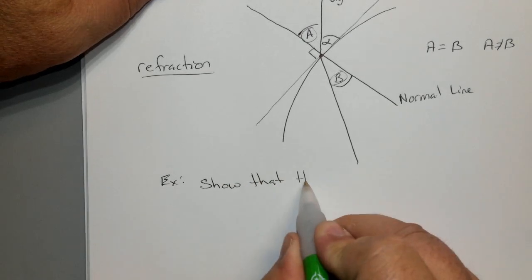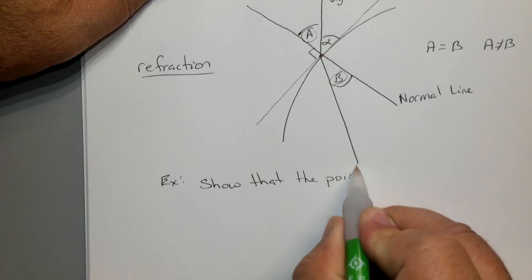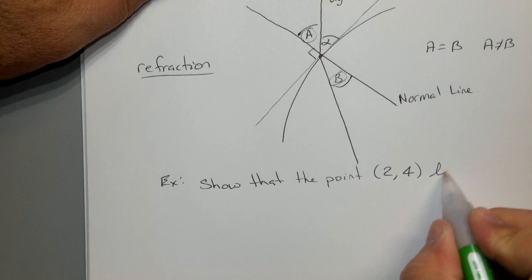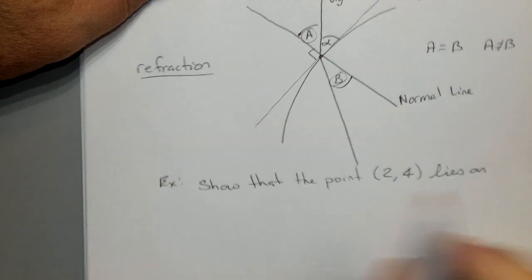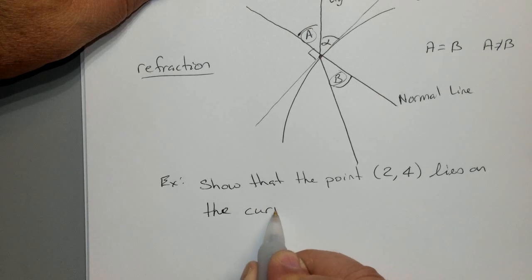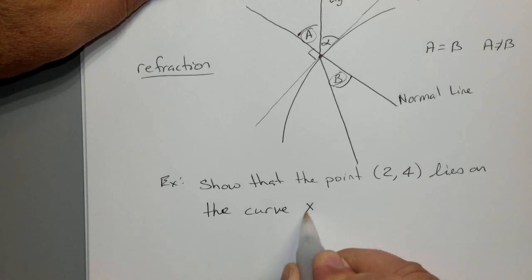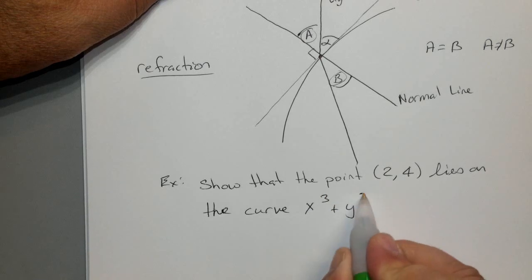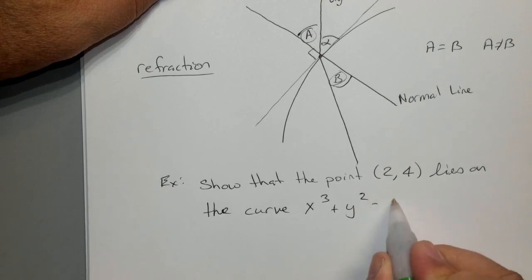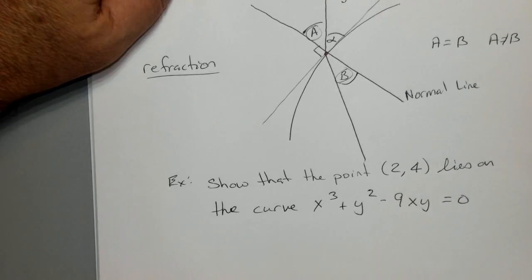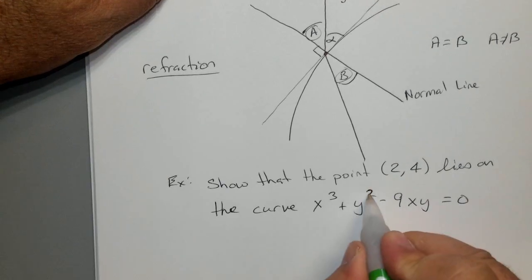Let me look for an example here. Show that the point (2,4) is on the curve x cubed plus y cubed minus 9xy equals 0.